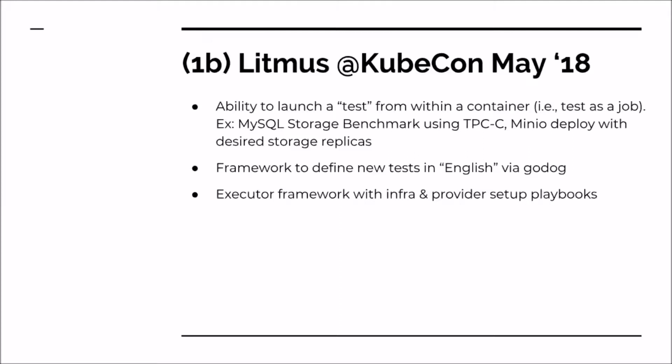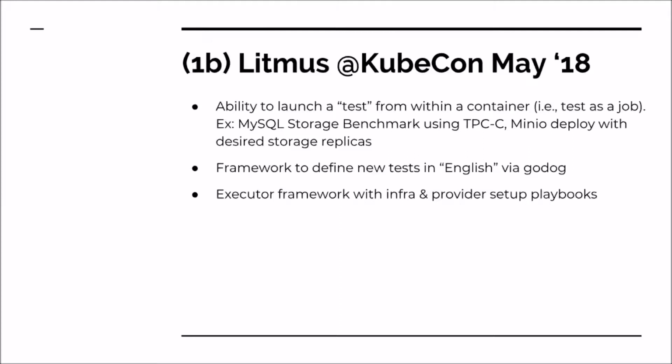The objective behind this capability was to help the users participate in defining the E2E. The third capability was an executor framework, which would help users create test infrastructure or a test bed, that is, launch the Kubernetes clusters, install the provider, and run the tests that we just discussed.